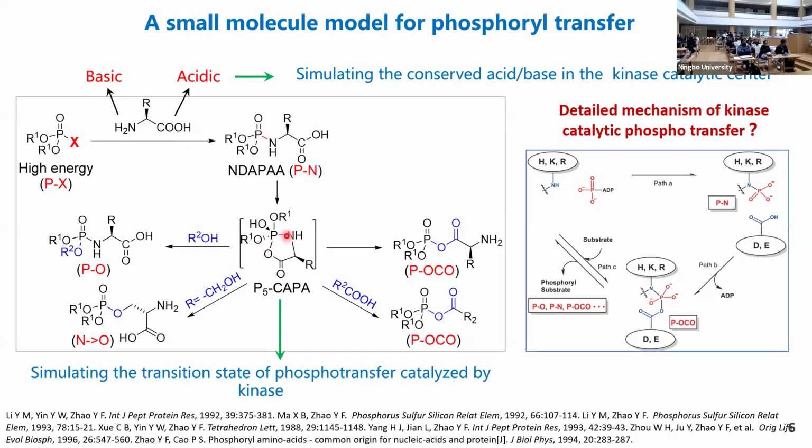So we say the nitrogen-phosphorylated amino acid is a mini kinase or a pro-kinase, a kinase from the very early stage of the earth, when there was no life, only ATP, it could act and function as a kinase, right?